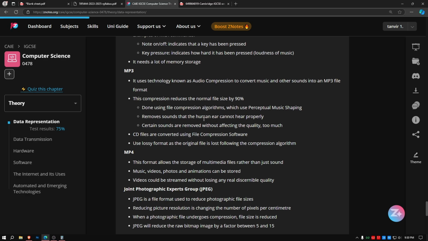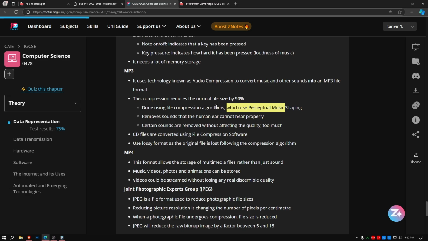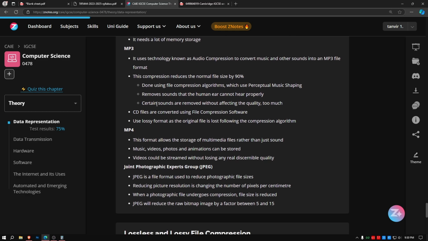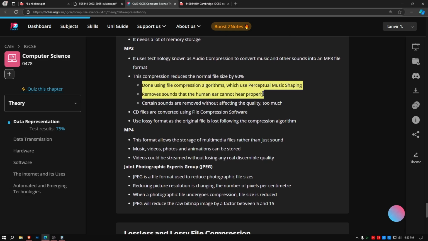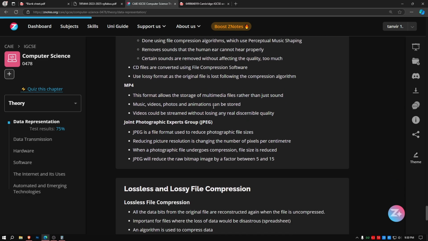It saves storage by removing sounds that ears cannot hear, and these sounds do not affect the quality too much. So I think you should remember all three, because these two are a bit different from this one. But I think if you write any of the two, you will always get 2 marks. But better safe than sorry.